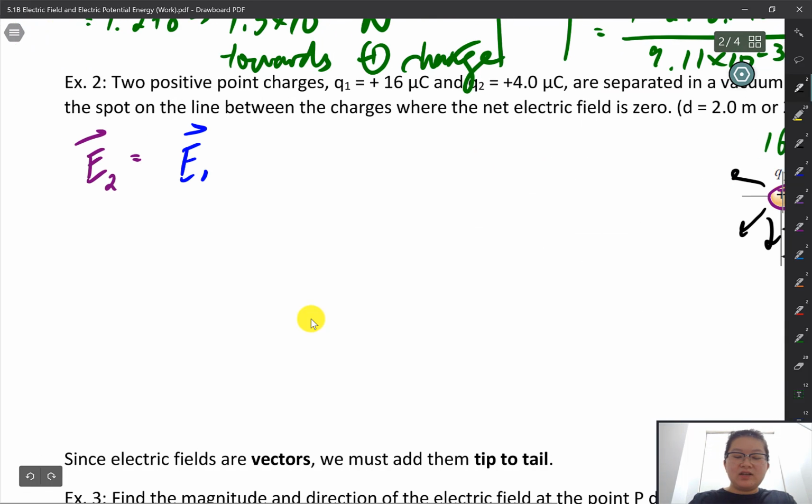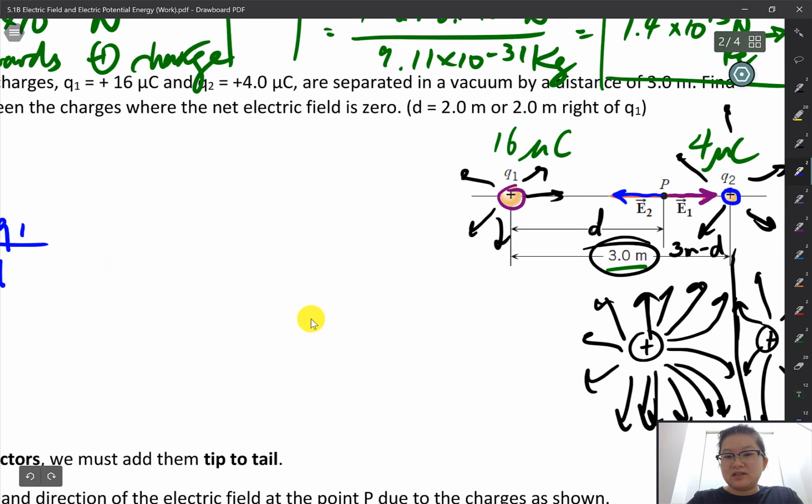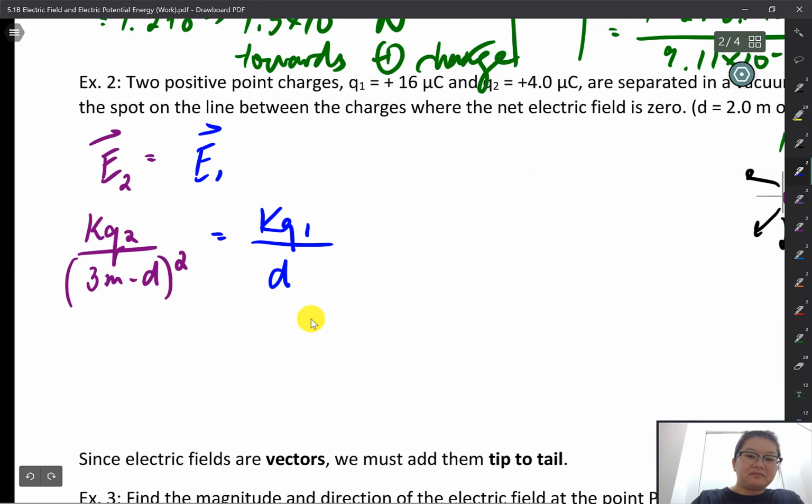When we put this into our equation, for E2 the electric field is going to be KQ2 over 3 meters minus D, squared. Don't forget the electric field is KQ over R squared, and that's going to be equal to KQ1 over D, which is just this D over here, squared.